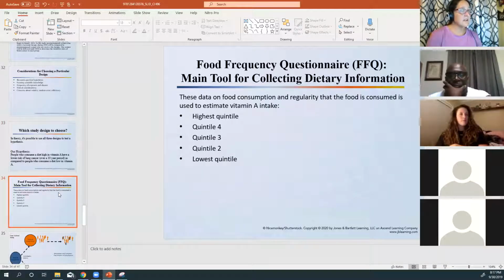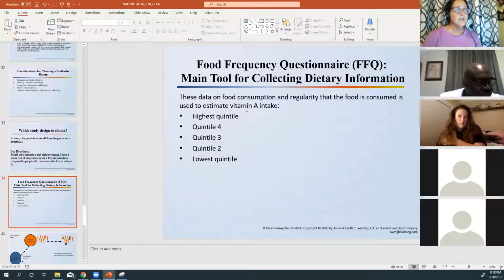Let's see. Can I measure vitamin A consumption? Is it measurable? Yes. So we can measure it. One of the ways of doing vitamin A consumption is to do a food frequency questionnaire, an FFQ.